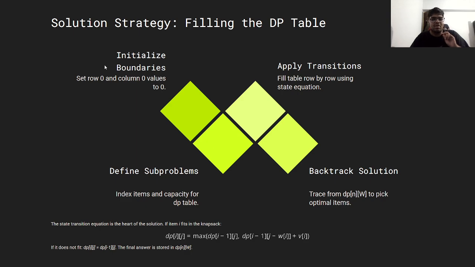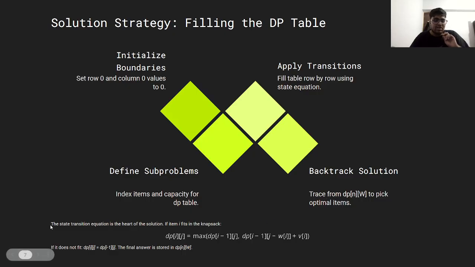So, here is the strategy to fill in the DP table. First, we initialize the boundaries. Secondly, we define a subproblem we can call recursively. And thirdly, we apply transitions to fill the table row by row using state equations. And to find the optimal solution globally, we use a backtrack.